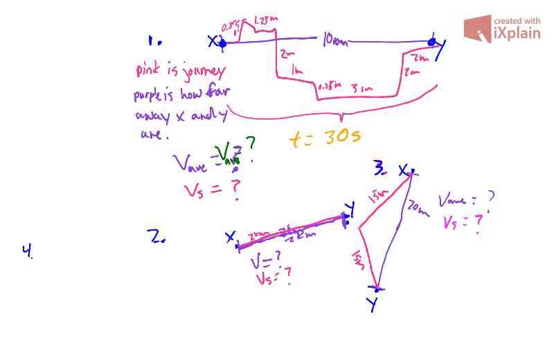4. All right, we'll go X, and we'll go Y. So displacement is here to here. We'll say that's 1 centimeter. And then we'll say our journey is all the way across.